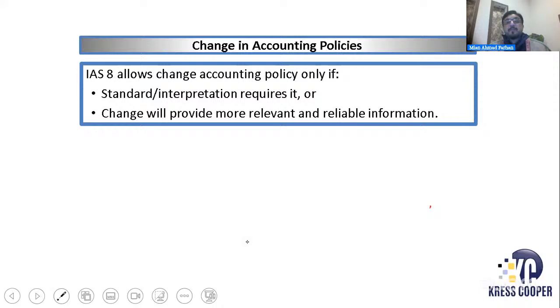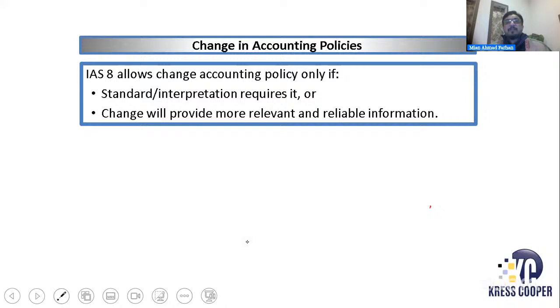But then the policy was changed in the standard that if it is incurred for a qualifying asset, it must be capitalized. Then there is no option to charge to profit and loss or to capitalize. So that option was eliminated. It means there was a change brought in an existing accounting standard.